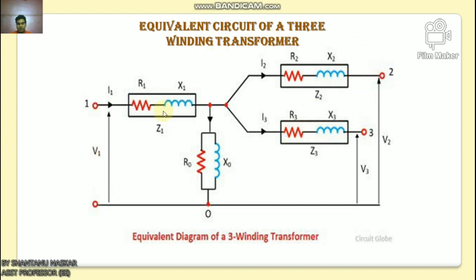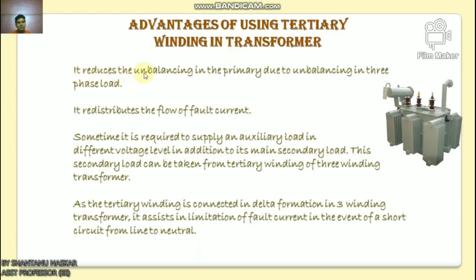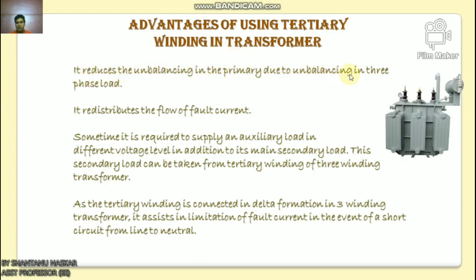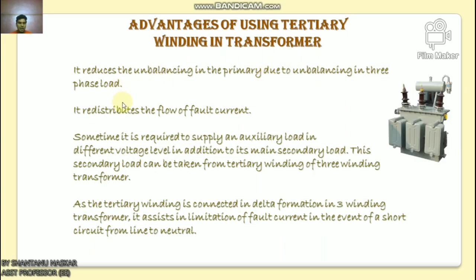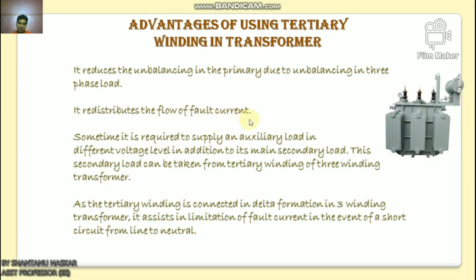Look at this picture. Now I will discuss some advantages of using a tertiary winding in a transformer. It reduces the unbalancing in the primary due to unbalancing in the three-phase load. It redistributes the flow of fault current.